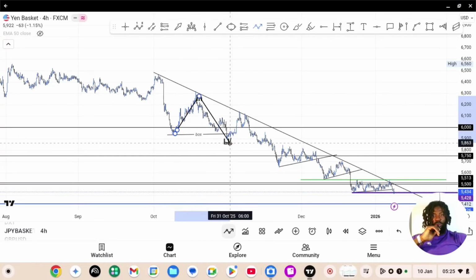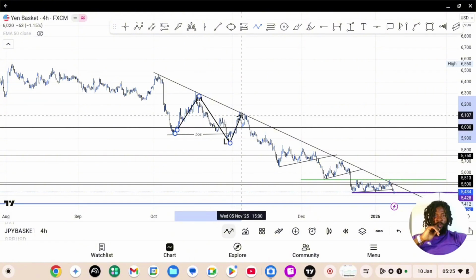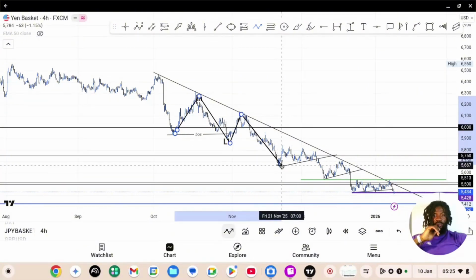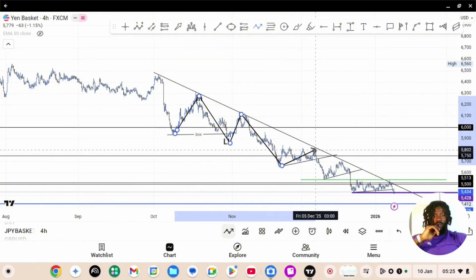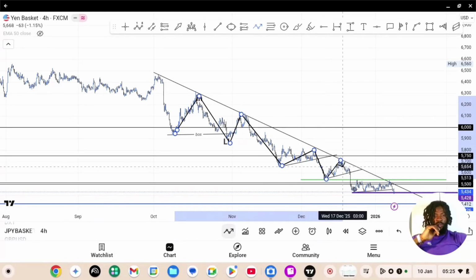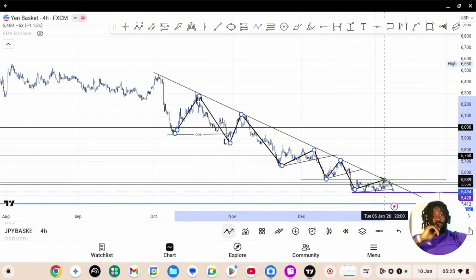We have a lower low here. We're having a correction which is a pullback. We also have an impulse move that broke the previous lower low, giving us another lower low. Having a correction which is the lower high, giving us another lower low, having a structure again pulling back, giving us the correction which is the lower high. Now it's creating another lower low.